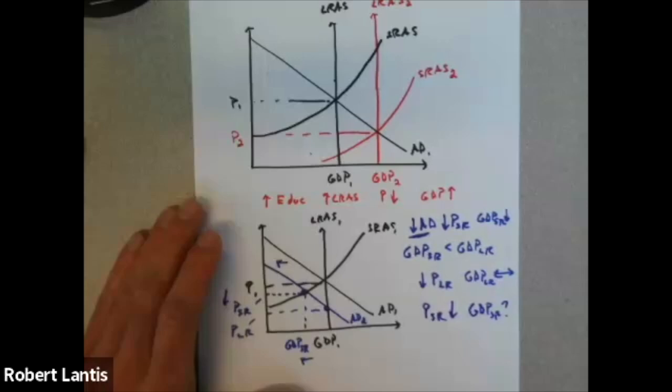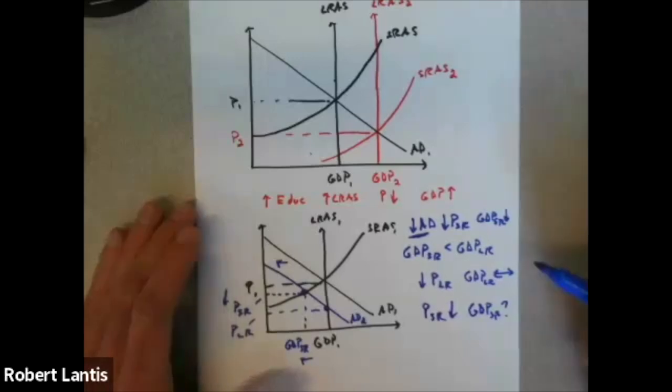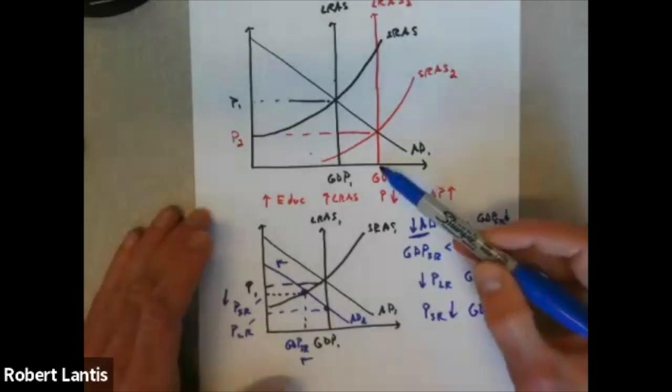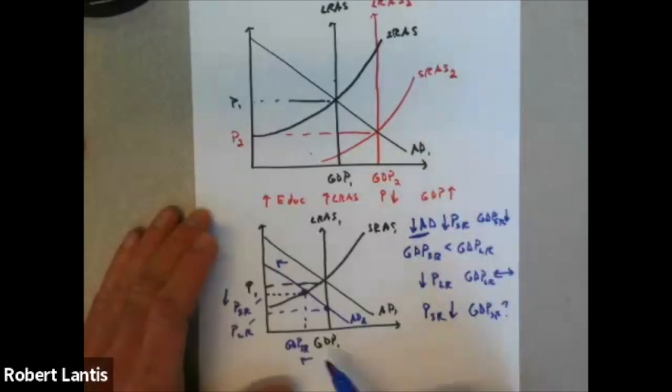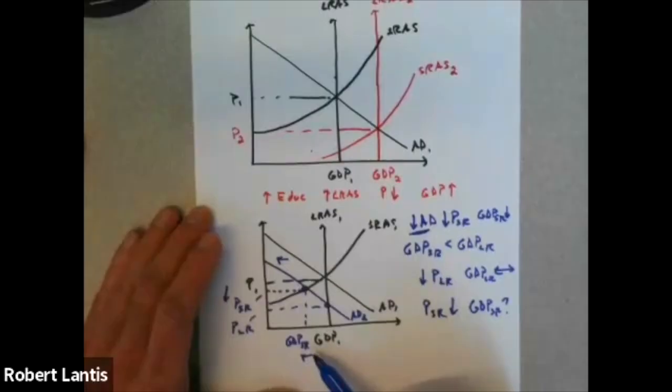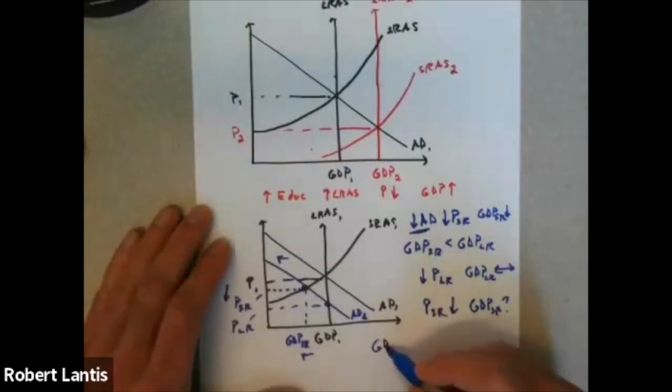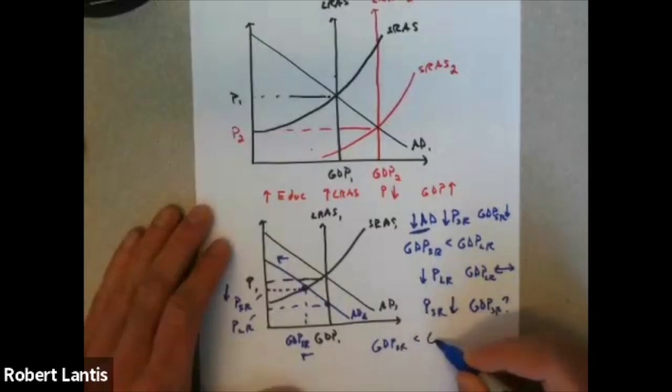Now, here's a little bit tricky, right? But if this impact is causing my long run GDP to go up, and this is causing my short run GDP to go down, what will always be the case is that my short run GDP is going to be less than the same graph.